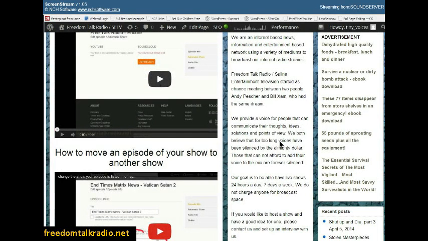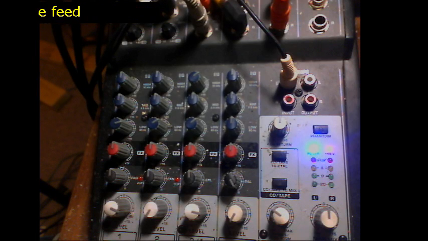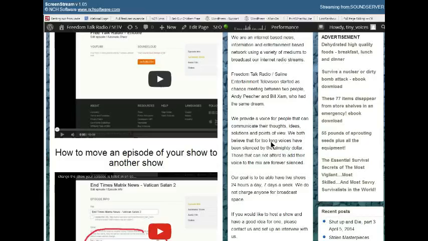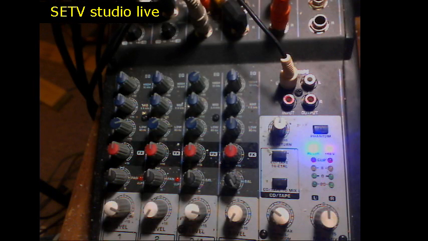The other way that you can do it is to use a mixing board. I have a generic how-to video on setting up a mixing board on the page right now at freedomtalkradio.net, but tomorrow I will be recording a video of how to hook up a soundboard like the brand that we have, which is a Behringer Xenyx 802.